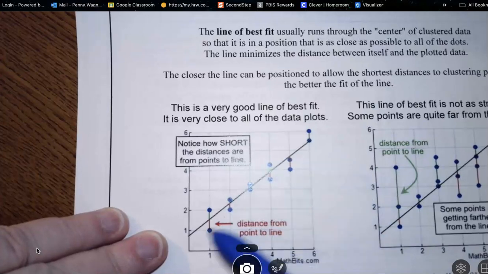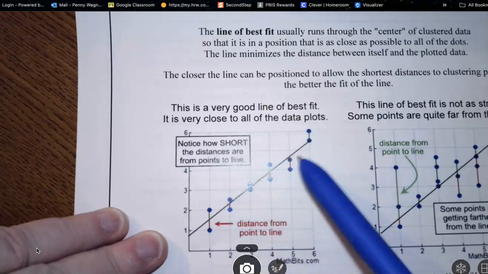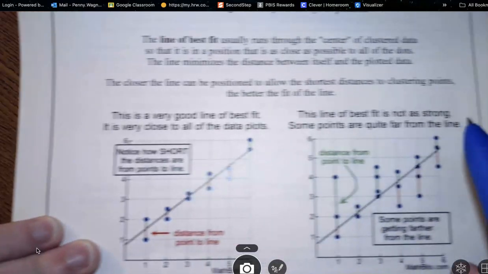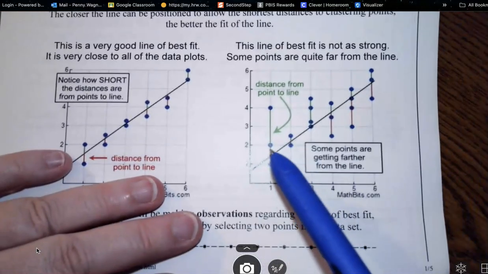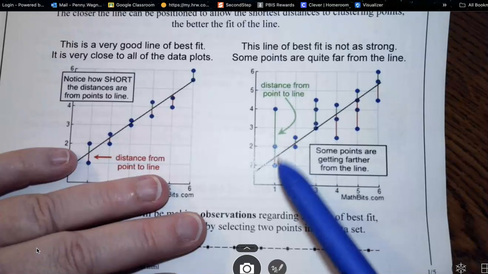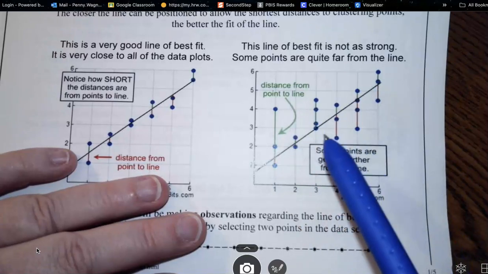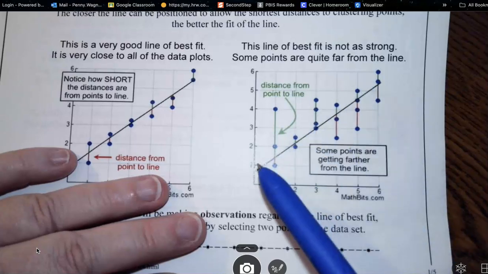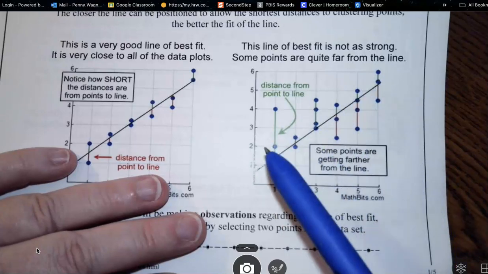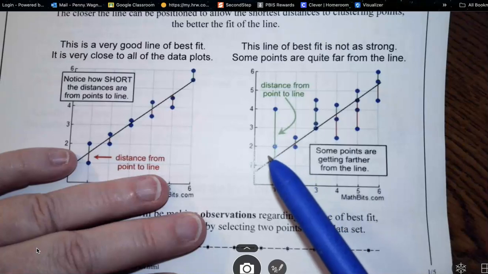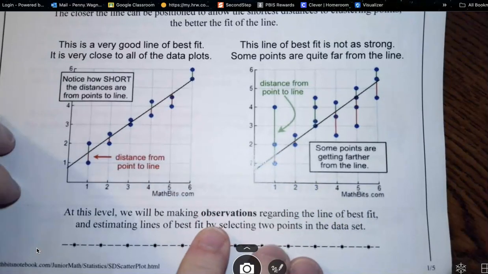And I would also consider this to be linear because it does seem to closely follow the line. If I look at the one next to it, you'll notice that there's a lot larger distance between the line and the points. So this one is probably not the best line of fit because it's not really centered very well. Okay.